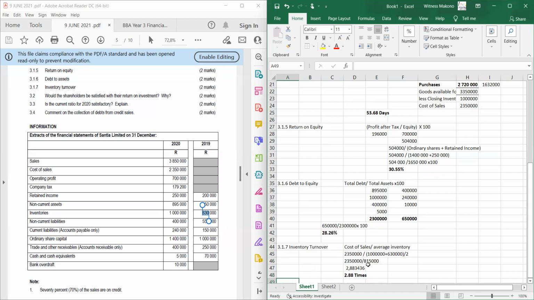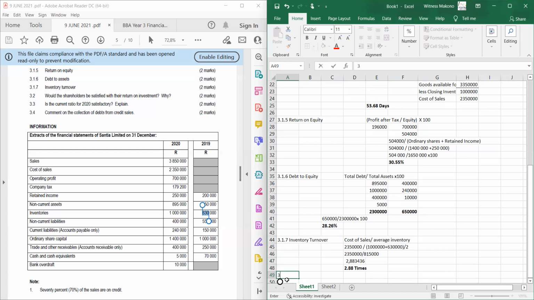Then, would the shareholders be satisfied with their return on investment? Yes, the shareholders will be happy with their return on investment. The shareholders are the ones that get the return on equity.